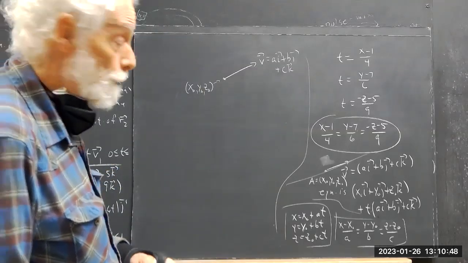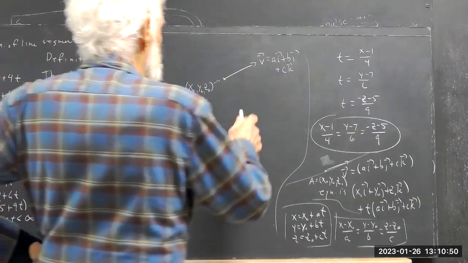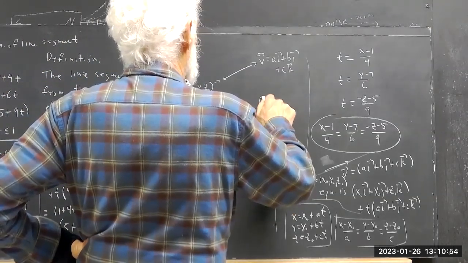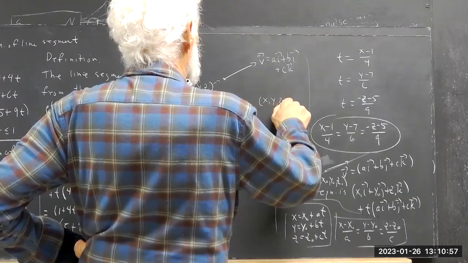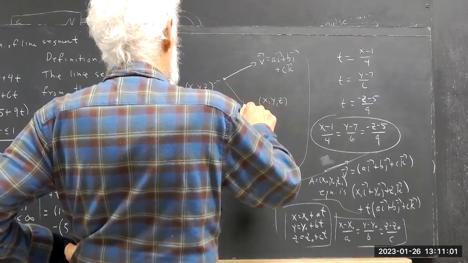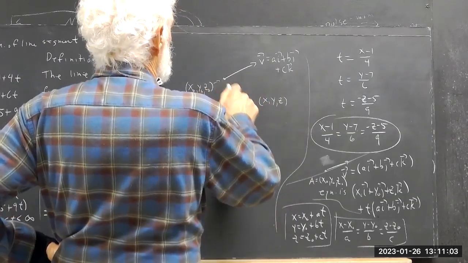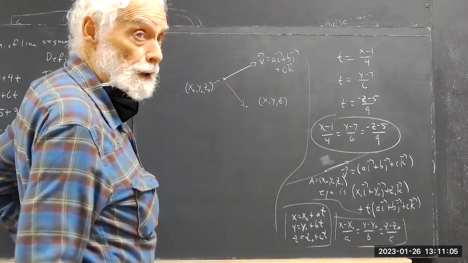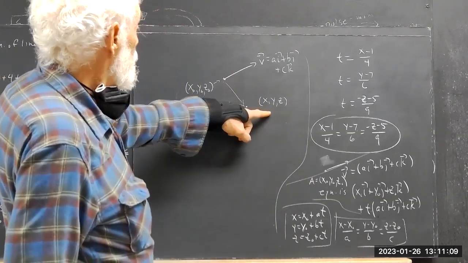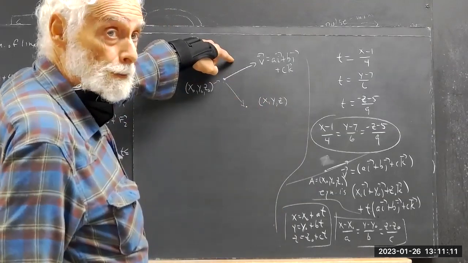The plane's defined by the fact that any point X, Y, Z, well, we've got a vector from X naught, Y naught, Z naught to X, Y, Z. X, Y, Z is going to be in the plane, provided this vector is perpendicular to this one.